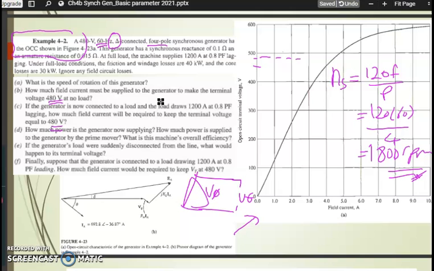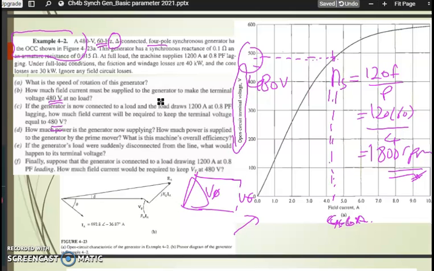When we make a projection line, we go down to almost 4.5 or 4.6 ampere. Okay, 4.6 ampere of field current to produce 480 volt of open circuit terminal voltage. So the field current that must be supplied is around 4.6 ampere. You use a ruler to project on the expected current.